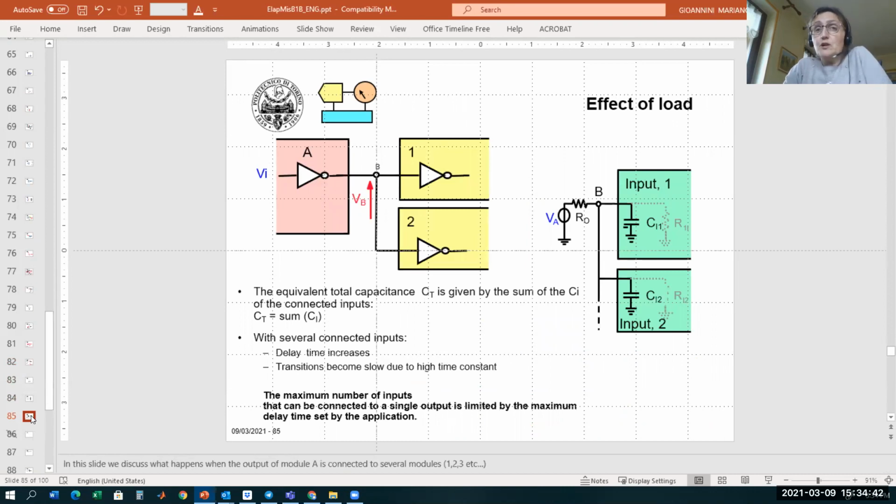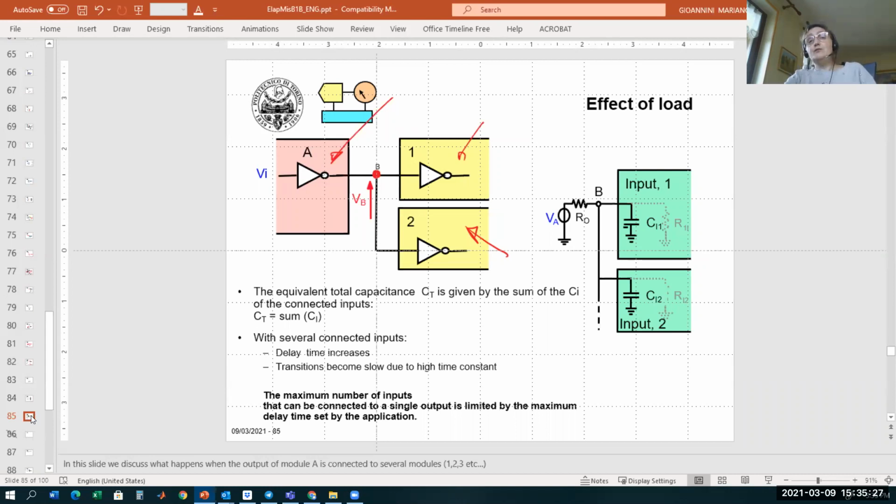This figure shows what happens when we have many other digital modules connected to the same output. In this example, the output of module A, which is this node B, is connected not just to module 1, but to several other modules. Here we have two yellow modules, module 1 and module 2, connected to B.